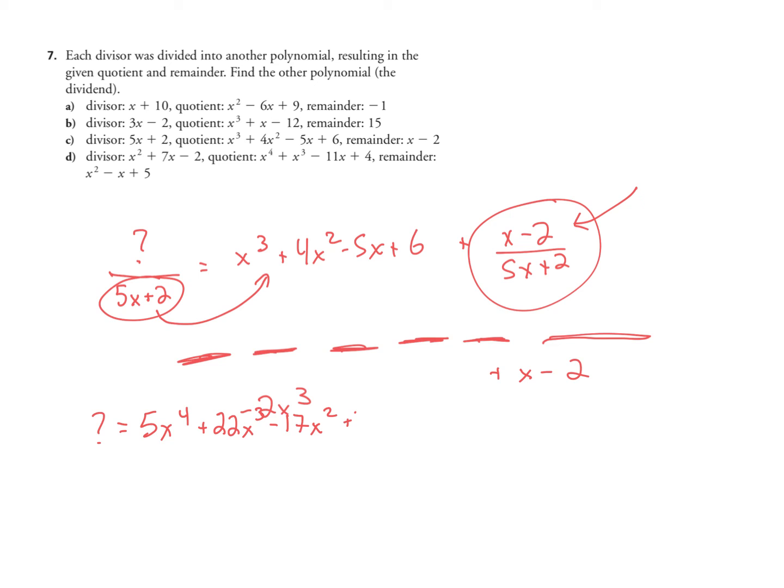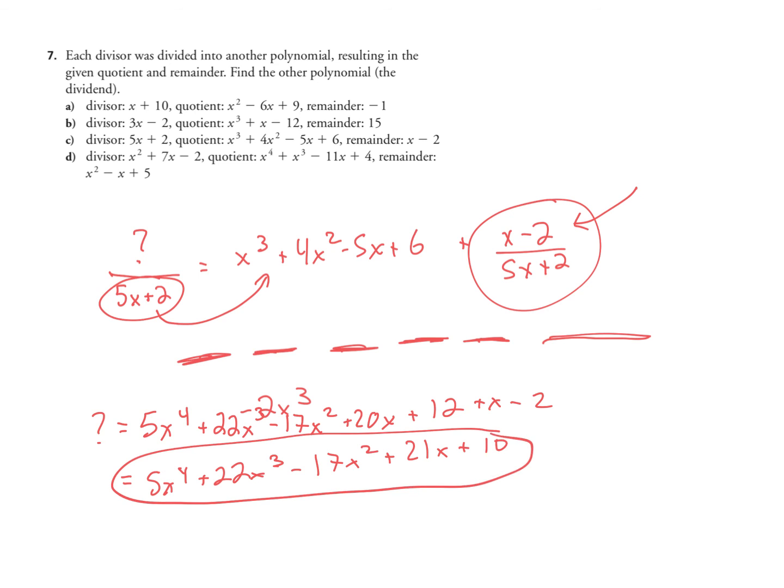So plus 20x. And you're going to get plus 12. And of course you still have your plus x minus 2 from that other part. All right, so that's actually equal to 5x to the 4 plus 22x cubed minus 17x squared plus 21x plus 10.